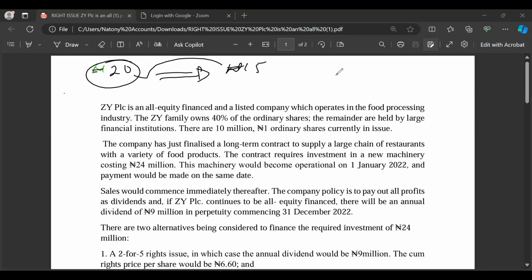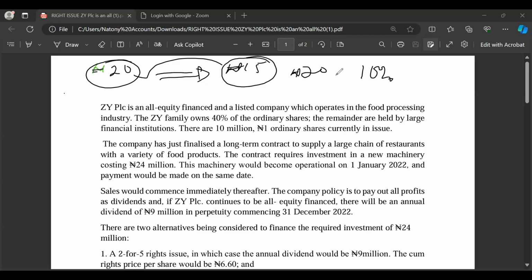The examiner also may decide not to give you 15 naira as the right issue price. The examiner may decide to give you information that you can use to determine what the right issue price may be. In this scenario, your examiner may tell you that the share price is currently 20 naira, but the company will issue a right issue below the market price, say at a discount of 10%.